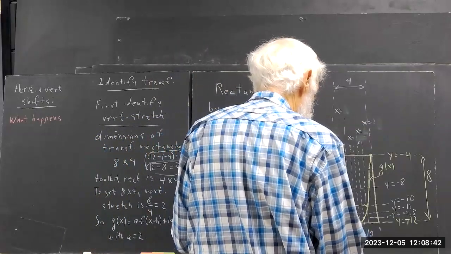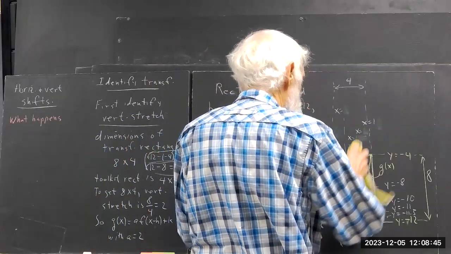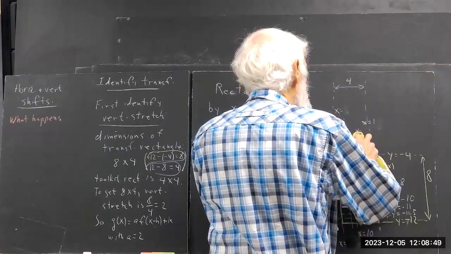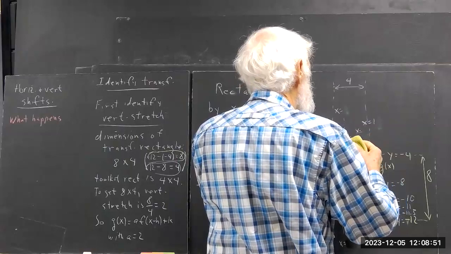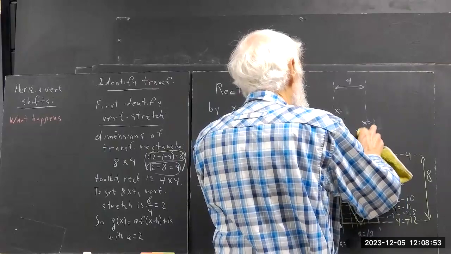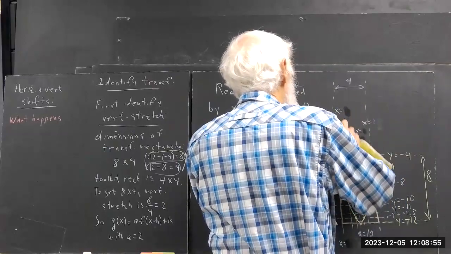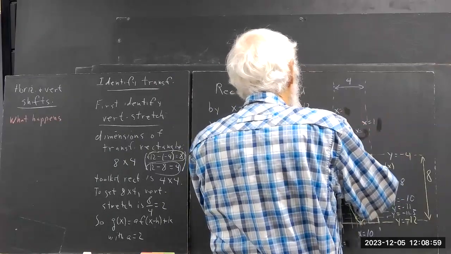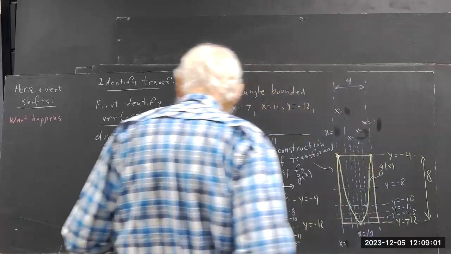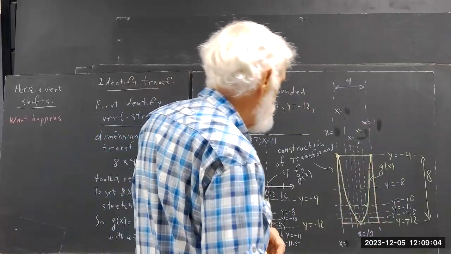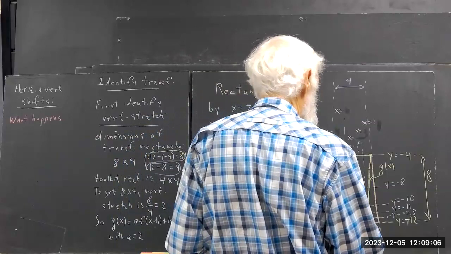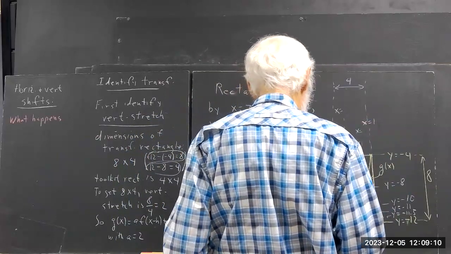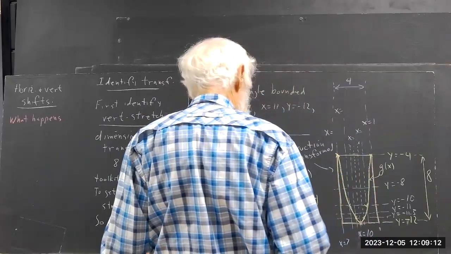I think I'm making it worse. I should probably have the camera off. We'll live with it. Okay, here x equals 7 and x equals 11, that should be in purple.